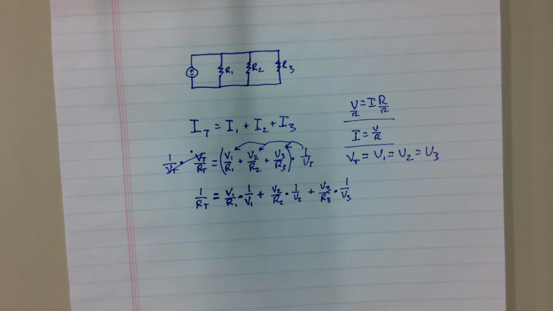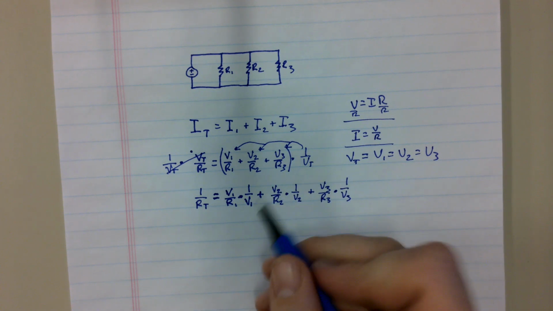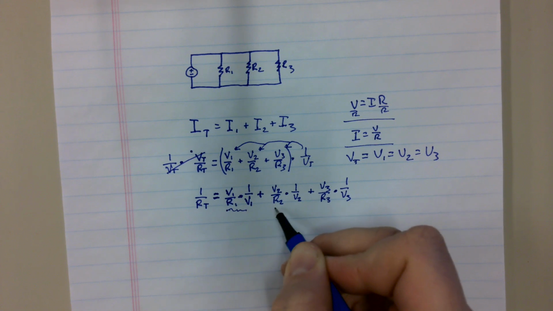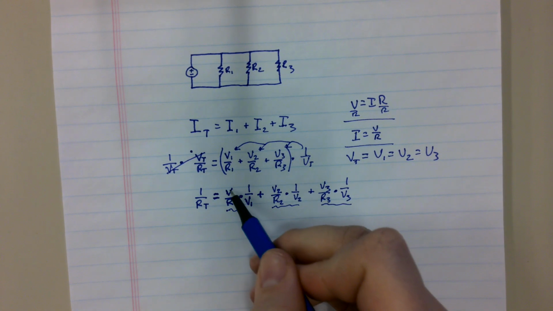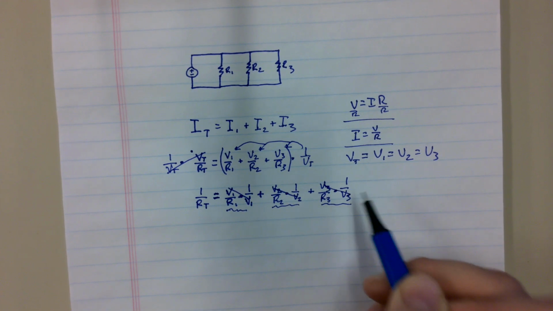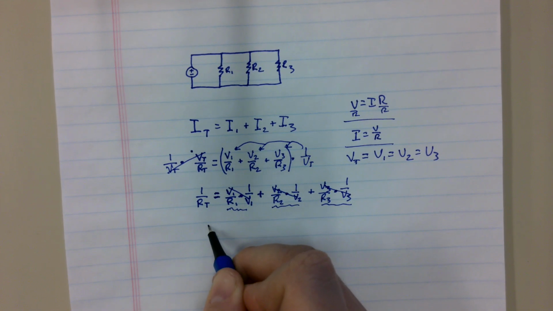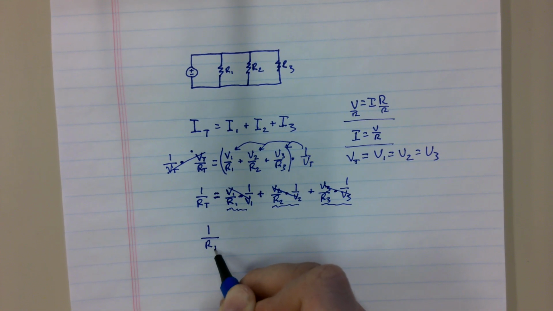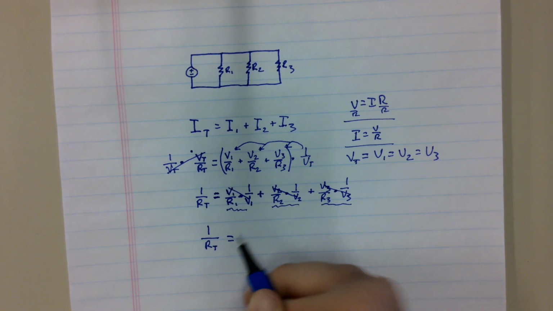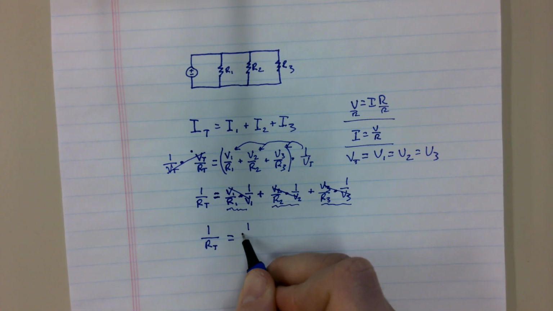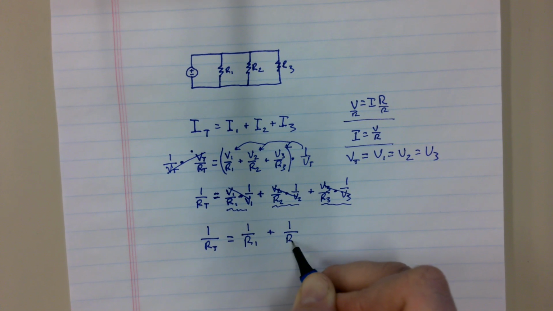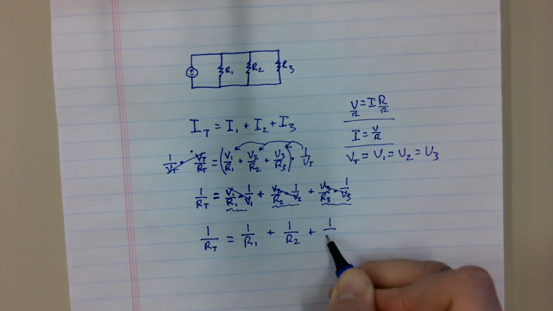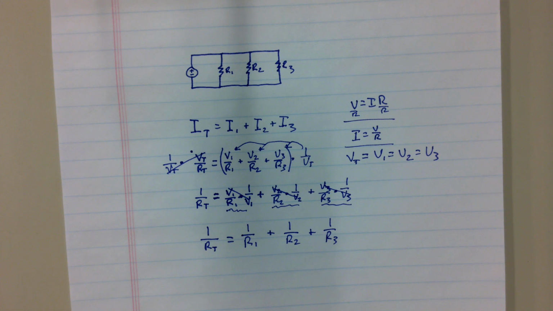Okay, there you'll see all of that written out. We've got first track, second track, third track, and we're going to cancel the voltages on each of those, leaving us with 1 over resistance total equals 1 over resistance 1 plus 1 over resistance 2 plus 1 over resistance 3, the third track.